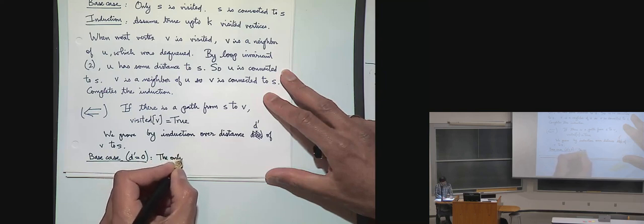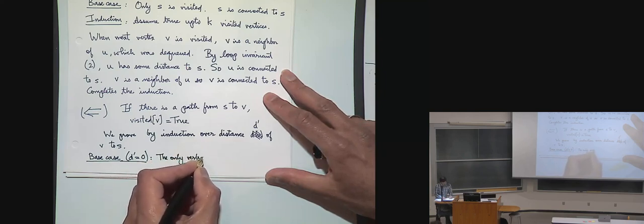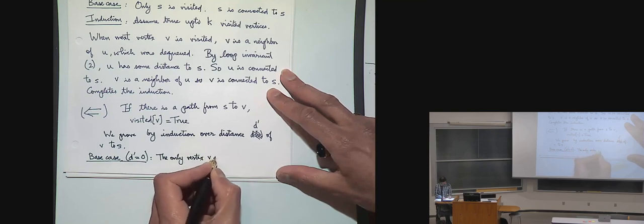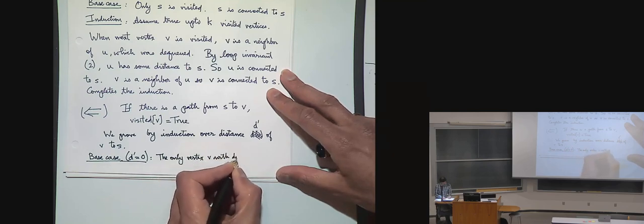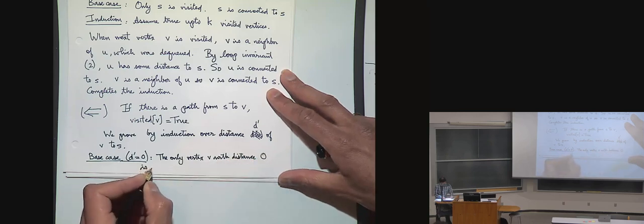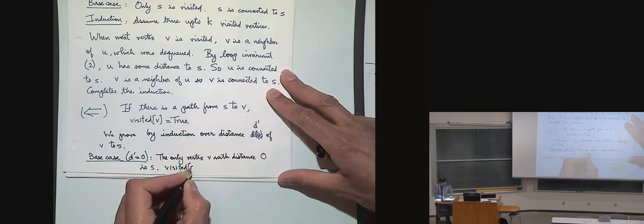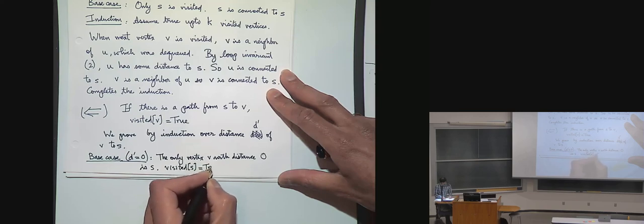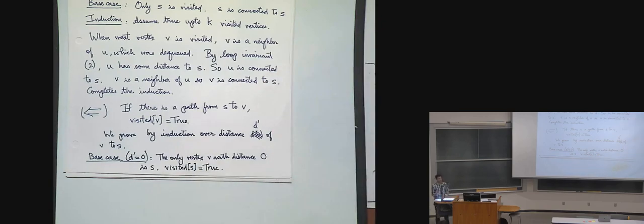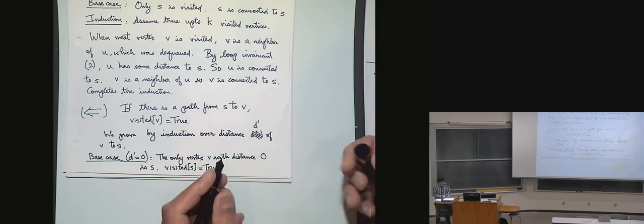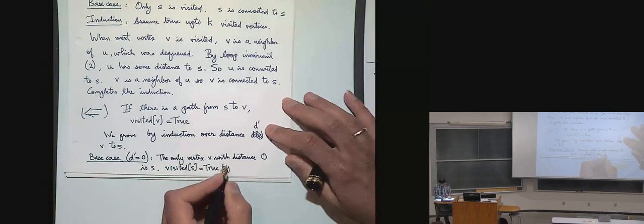The only vertex V with distance 0 is S, and visited S is true. Okay, so we know that. Yes? Because we initialize, yeah, that's true. So visited V is true by the initialization.